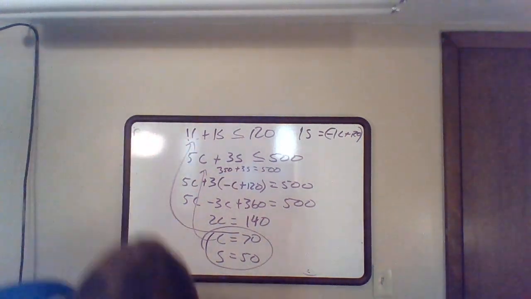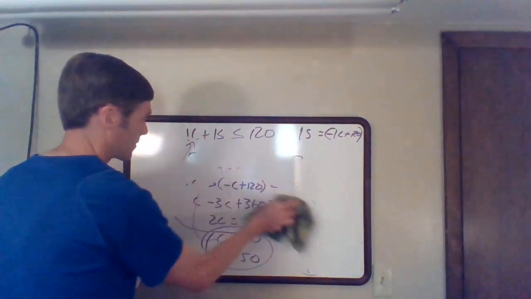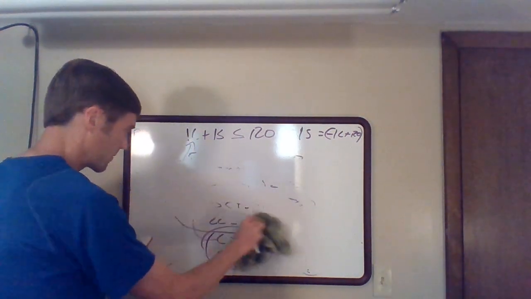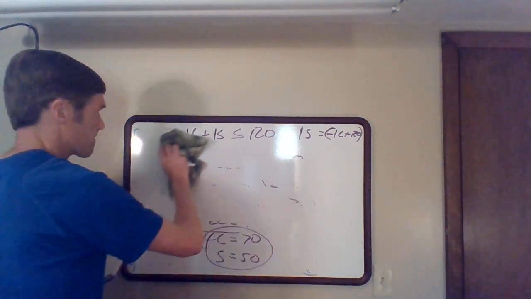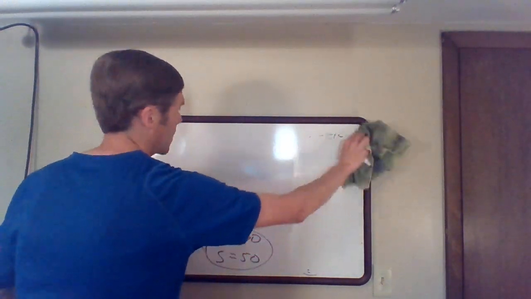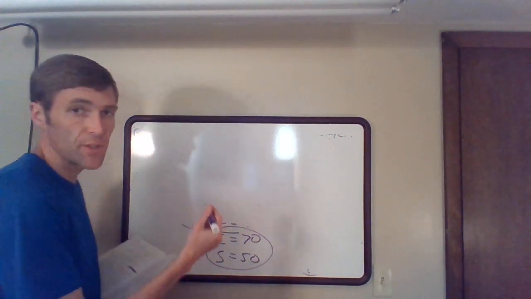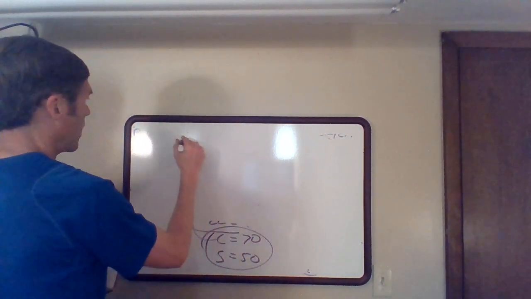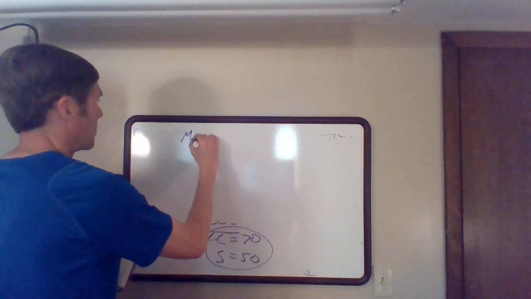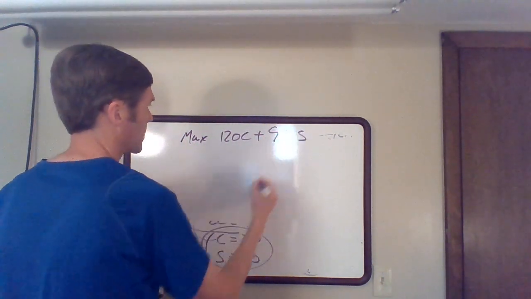So my profit maximizing solution, corn 70 acres, soybeans 50 acres, can be plugged into my objective function, which was to maximize 120C plus 96S.